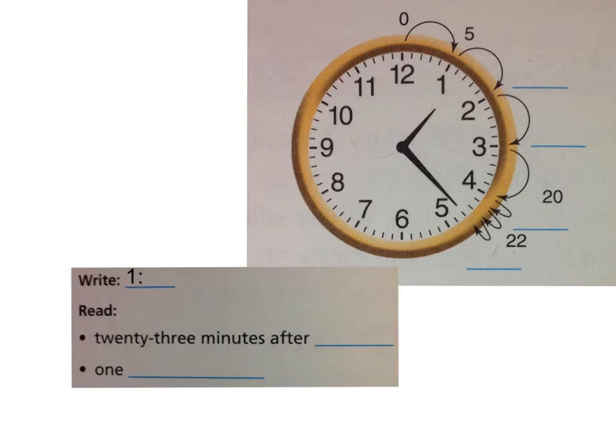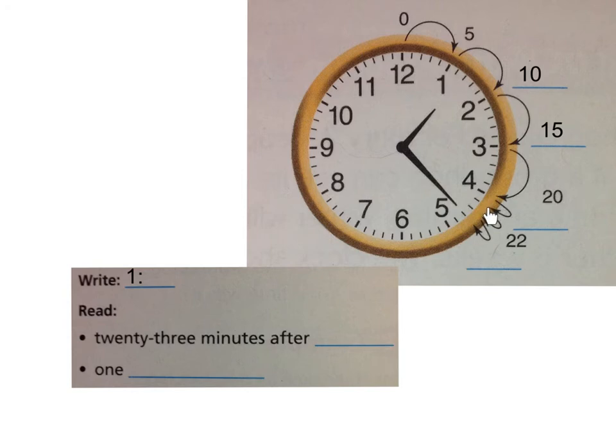To find the minutes, count on by 5s and 1s from the 12 on the clock to where the minute hand is pointing. 0, 5, 10, 15, 20. Now I notice I've run out of fives, so I need to count by ones.